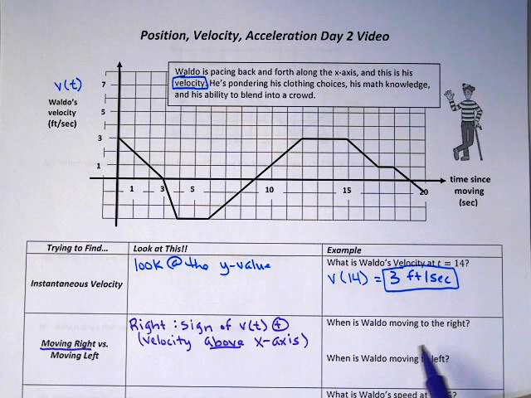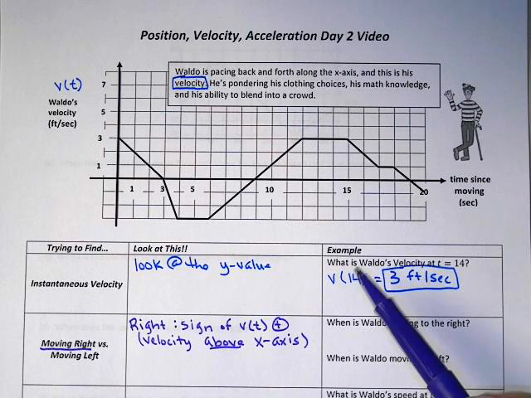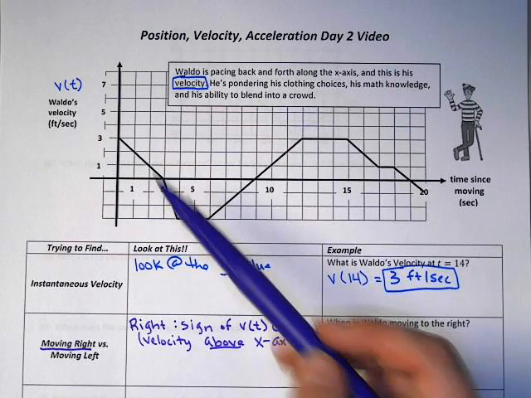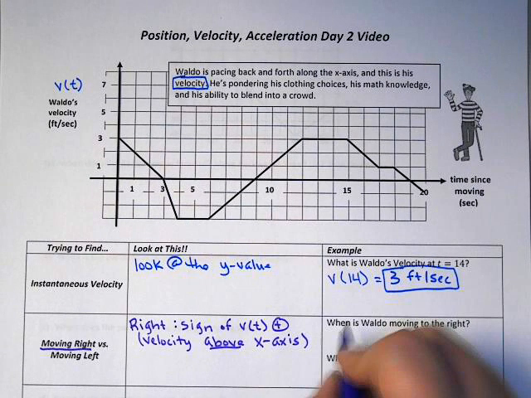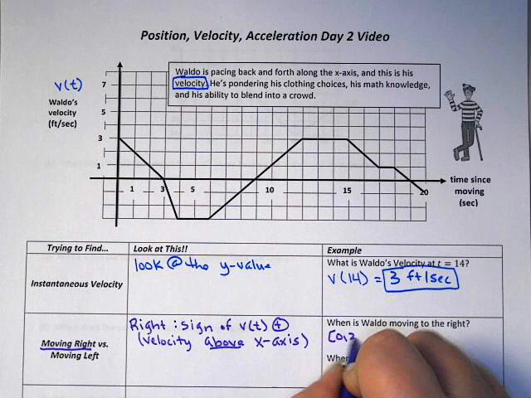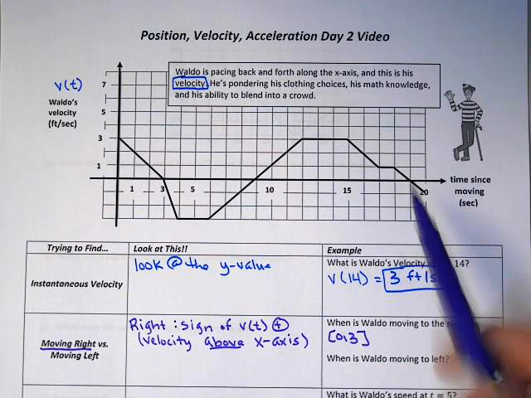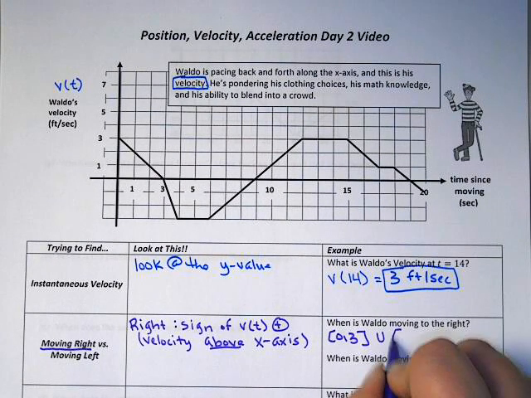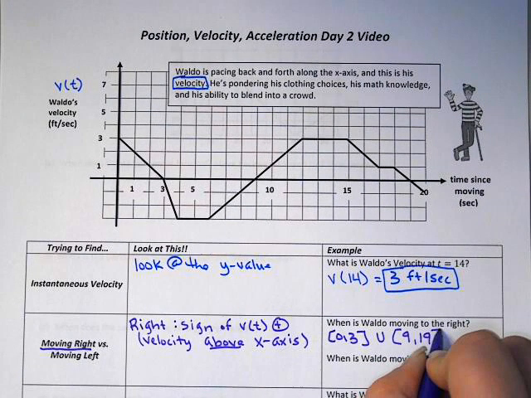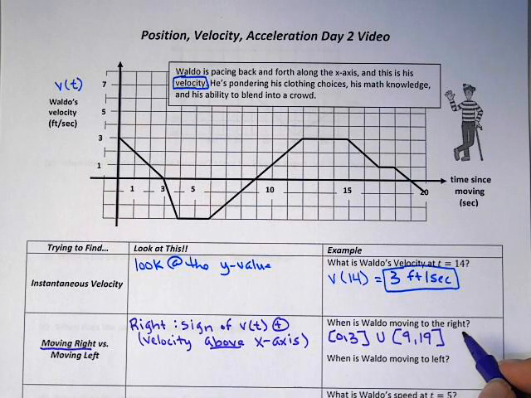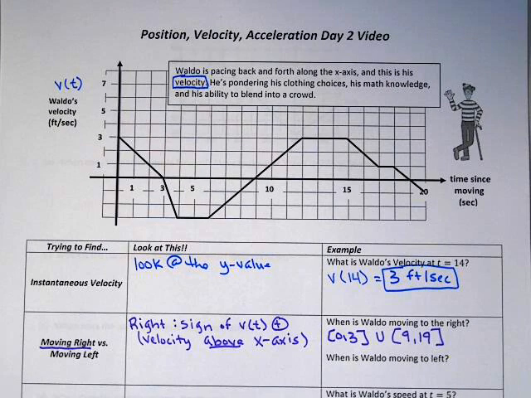So when is Waldo moving to the right? It's any place where the velocity is above the x-axis. So from 0 to 3, and then it's positive again from 9 all the way to 19. We're not going to worry about the justifications on here right now. We're going to do that in the next problem.